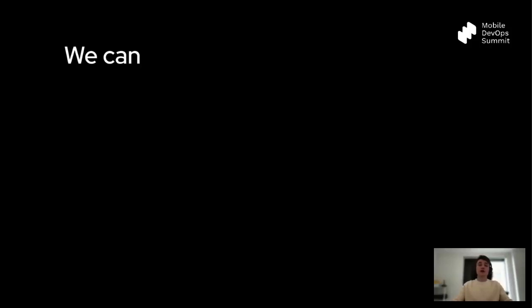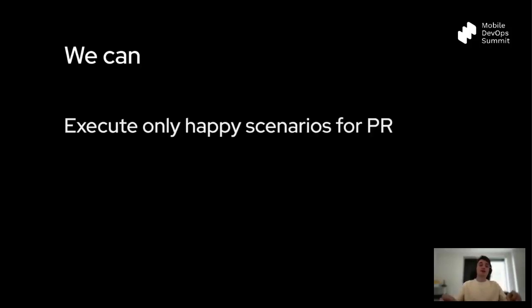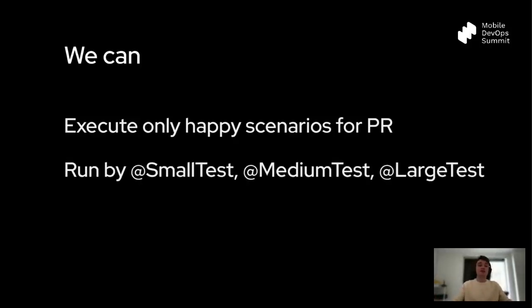So what I want to highlight here is that if we were to include the UI testing stage to the pull request, for example, we can only execute heavy scenarios or execute the tests by their size, how heavy they are, with the native filters such as small test or medium test.